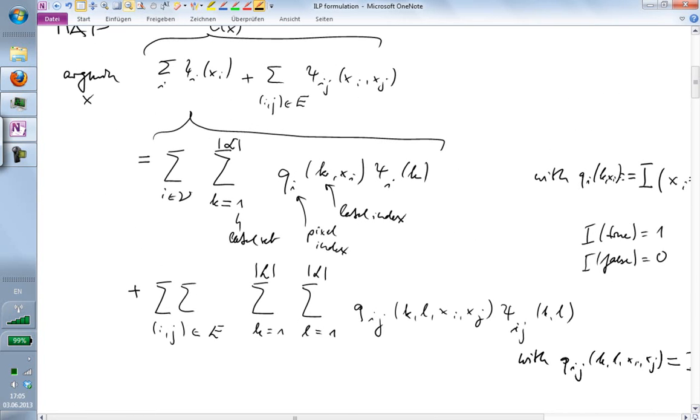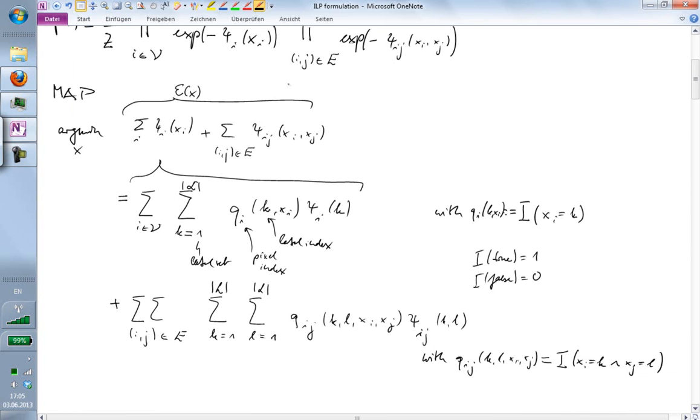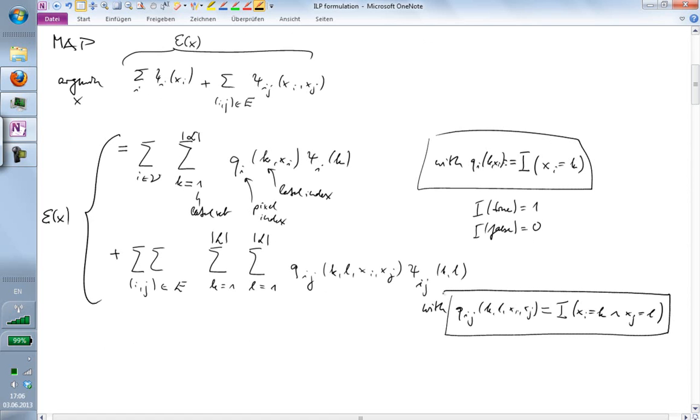So let me zoom out a little. The thing up there was the energy of X, I had said, and the whole thing that we have now, so this taken together, is still just the energy of X, with Q being a deterministic function of X. So we have this function here and this function there. These are deterministic functions.